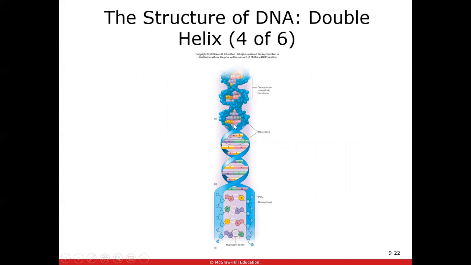This is when it's all coiled around the histones, and this is as it's opening up, and you can see on one side it has bases, and the complementary bases on the other. Adenine with thymine, cytosine with guanine, thymine with adenine, guanine with cytosine.